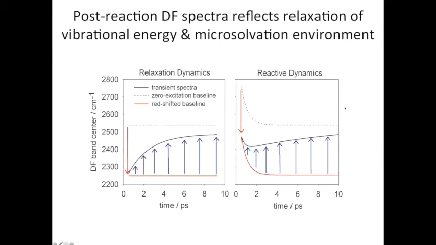Now, when the chemical reaction is happening, I have a similar phenomenon, except now I have to worry about the change in the microsolvation environment. And it turns out that my baseline, which is flat for pure relaxation dynamics, is changing for reactive dynamics, because my microsolvation environment is changing, right? So immediately after that fluorine plucks off a deuterium, he doesn't have any hydrogen bonding partners.